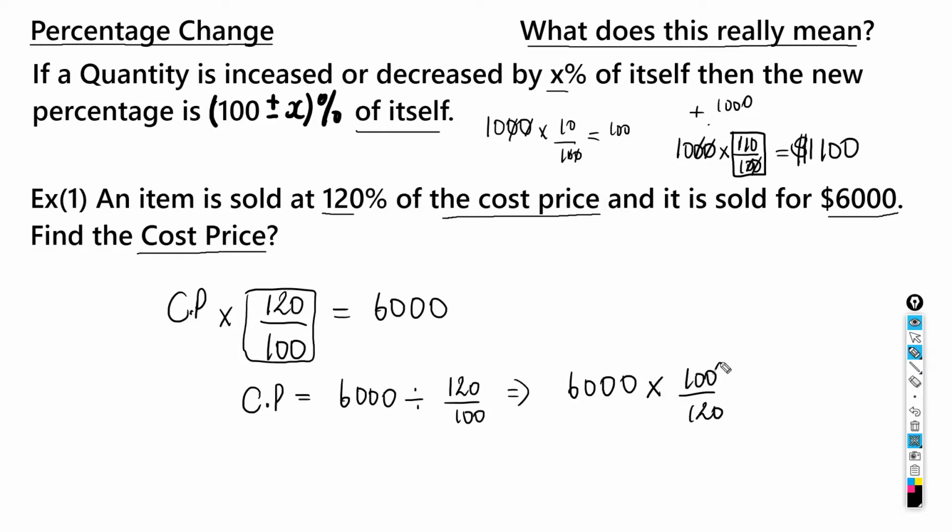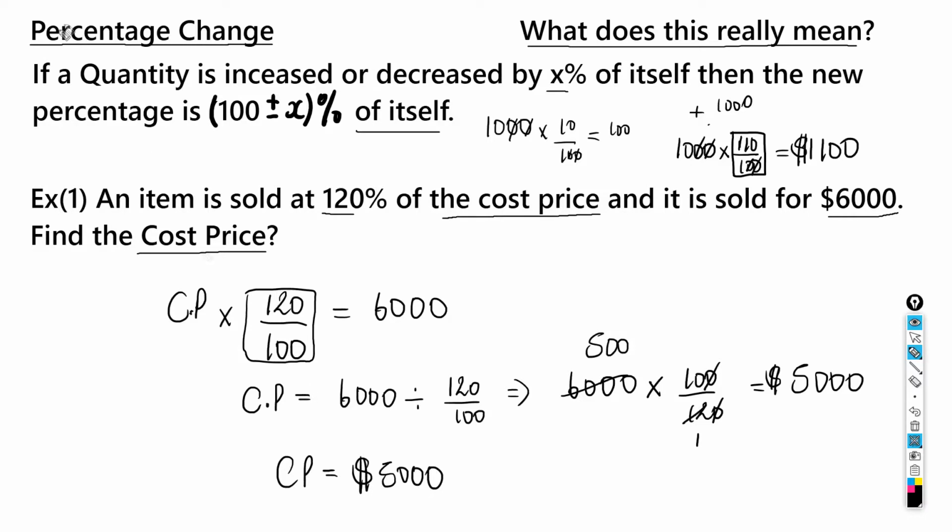Then this zero cancels this zero. 12 can go into 6,000 how many times? I think 500 times. So we end up with 10 times 500, which is 5,000. So 5,000 is equal to the cost price. We found the cost price.